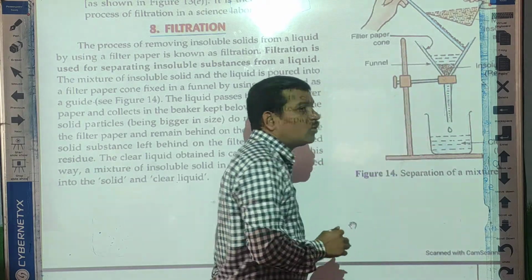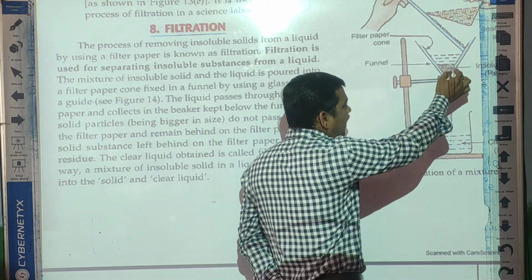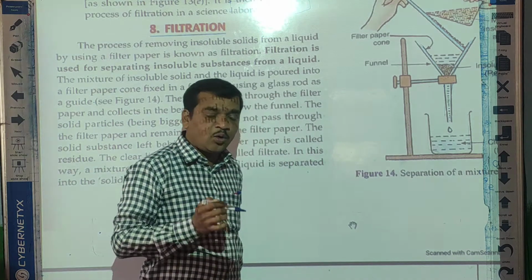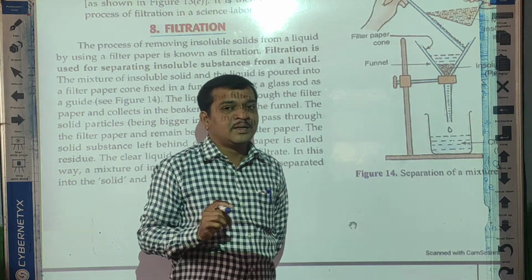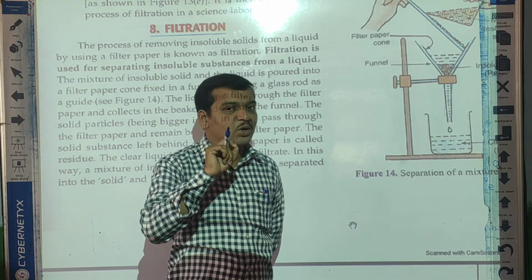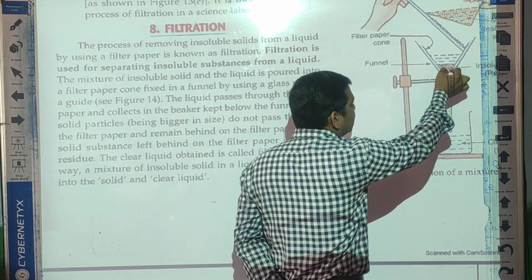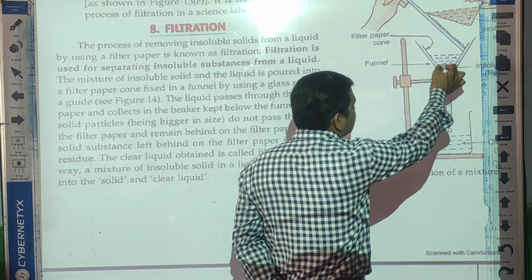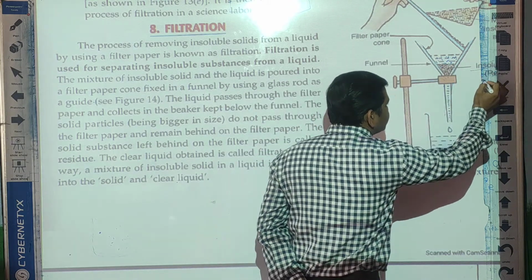You pour it on the filter paper. What happens? The filter paper allows only the water through the tiny holes, but the chalk particles are solid and they remain on the filter paper. The chalk particles that remain on the filter paper are called the residue.